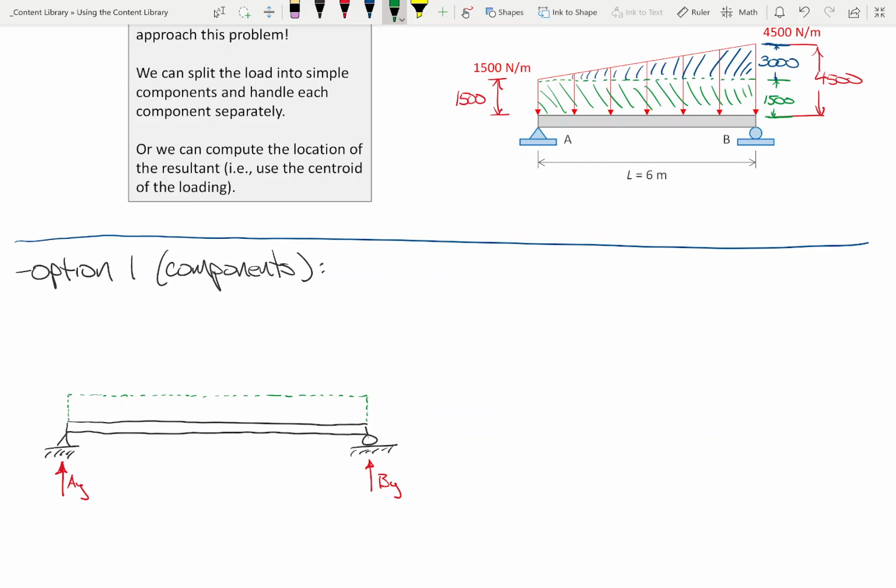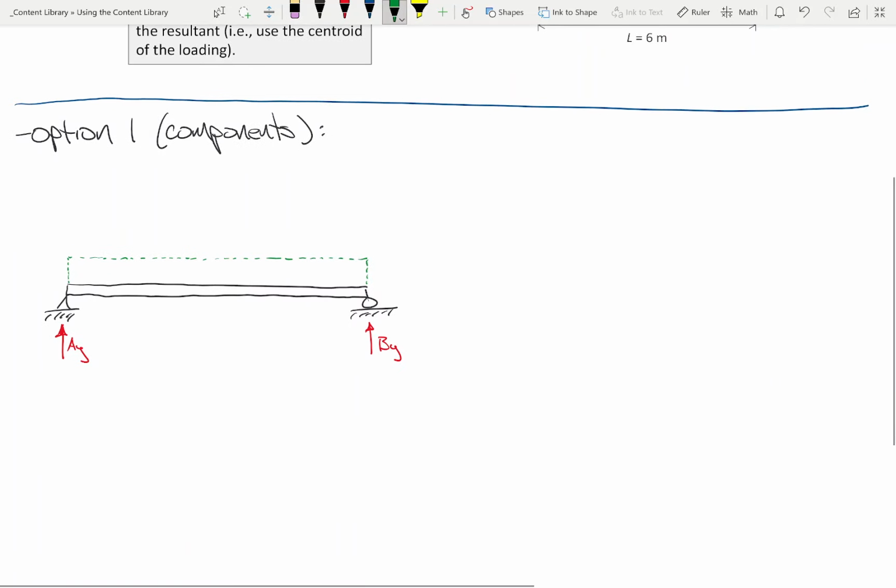If this beam is, remind me, 6 meters long. That's how long the beam is. How far would it be from point A to this point right here?